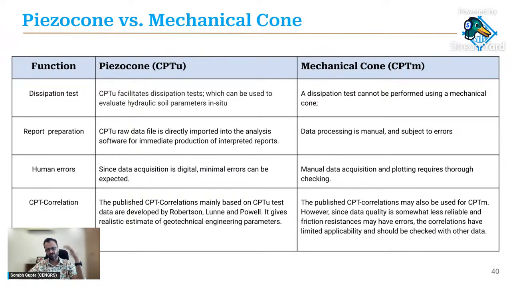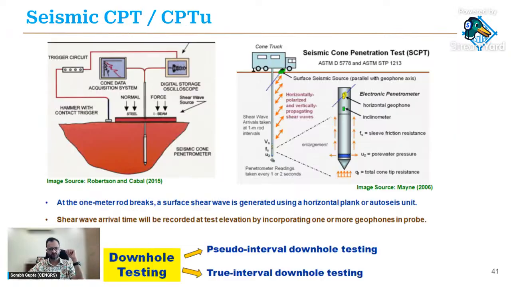That's great, because it takes away a lot of human errors in the processing of CPT data. We will talk about the seismic cone later. It's essentially the same as a piezo cone, except you have a couple of geophones included with the cone setup. So now you can actually stop the cone and do some seismic testing as well.